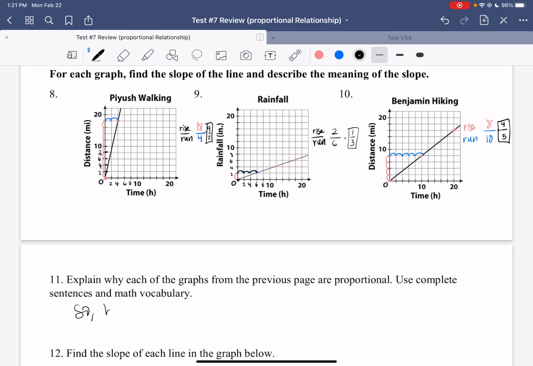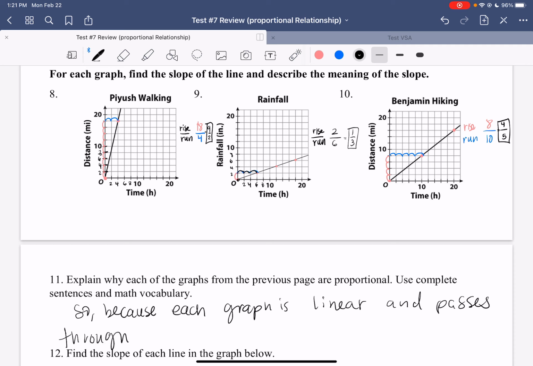So, because each graph is linear and passes through the origin, it is proportional.